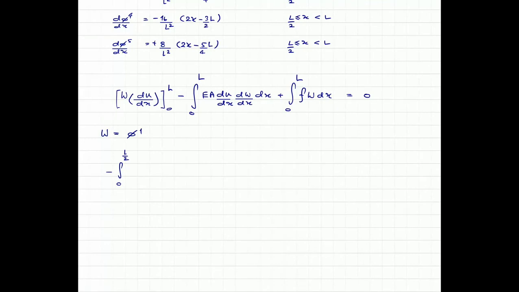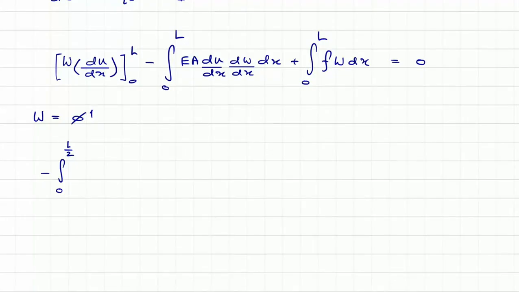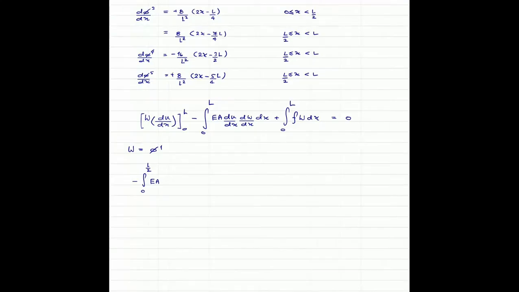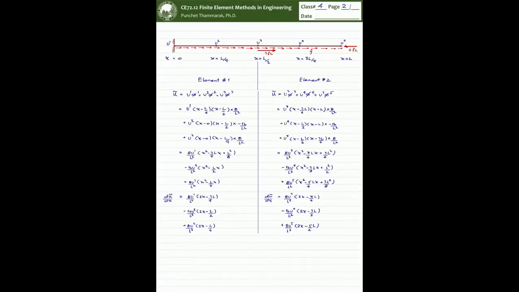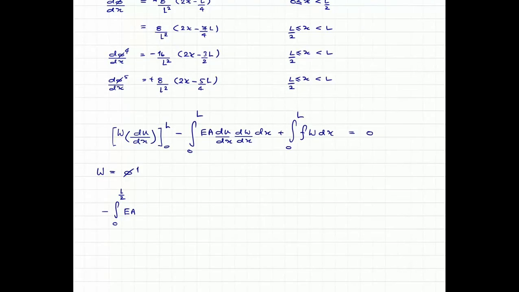So EA, and then we take the du/dx for L/2. In the weak formulation, I think the first term should have EA du/dx, yeah.